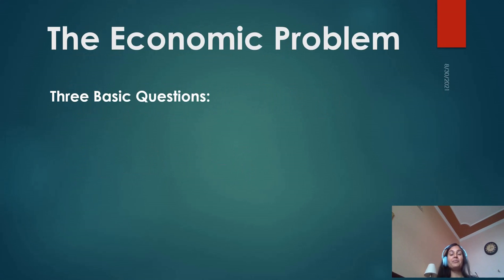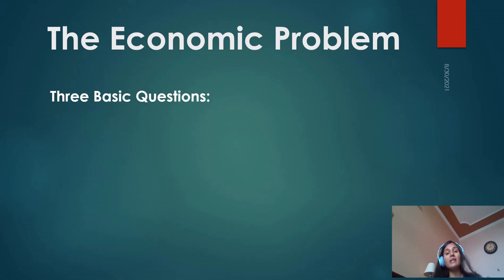So let's start. In my previous video, I gave a very generalized definition of economics: every society, no matter how small or complex, how big or simple, has some system or process that converts its various inputs into resources.